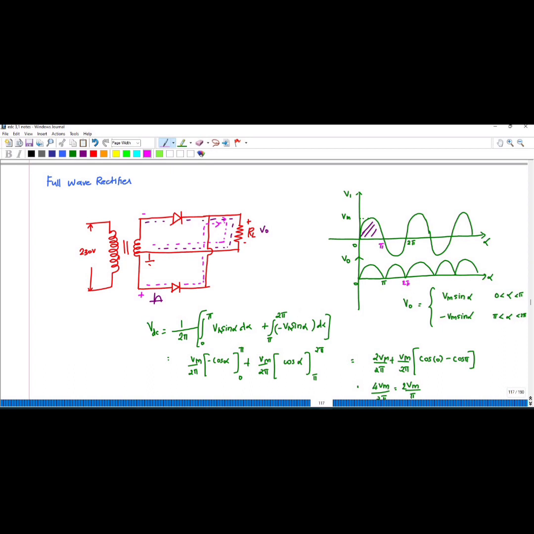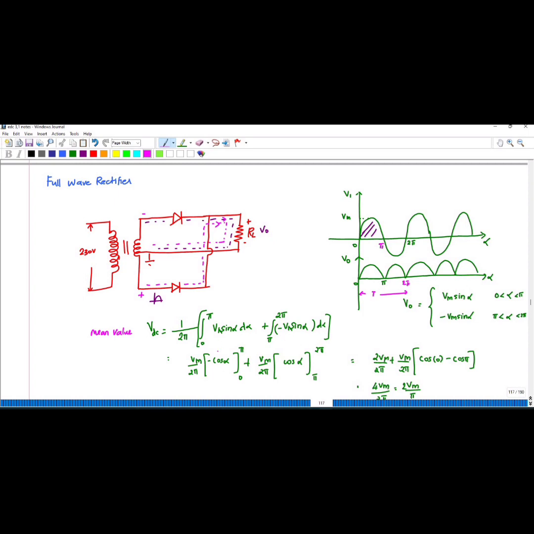So if I want to find the mean value, VDC is equal to 1 divided by 2 pi, where 2 pi is my total time period, and the integral from 0 to 2 pi, where from 0 to pi it is Vm sin alpha, and from pi to 2 pi it is minus Vm sin alpha.